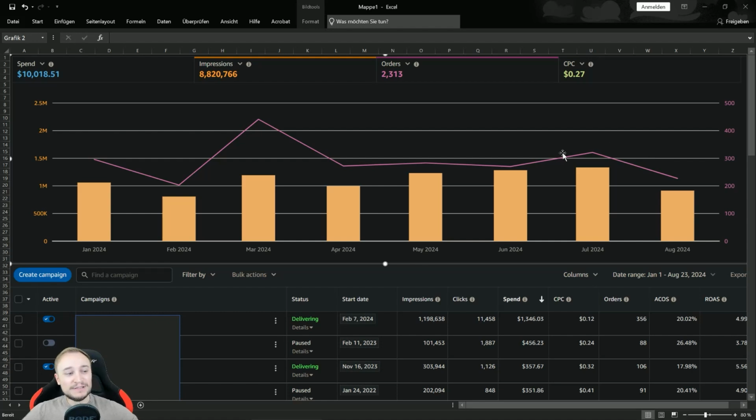You can see over the year that it is quite steady, a little bit going up. March was especially a very good month. There were events, for example St. Patrick's Day, and these are special days, special niches that trend in a certain month.